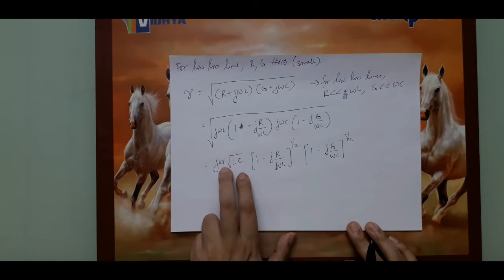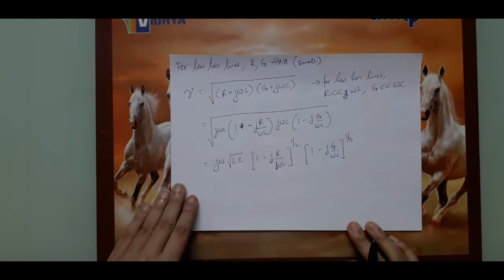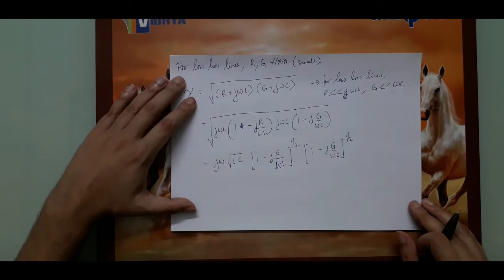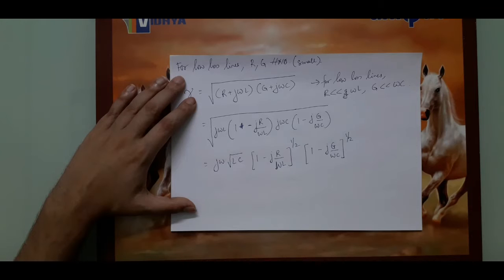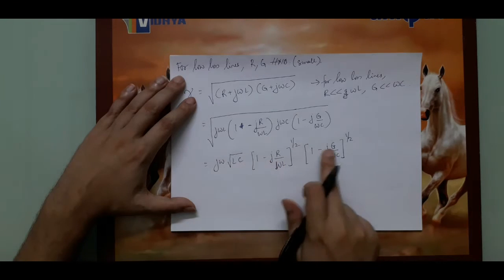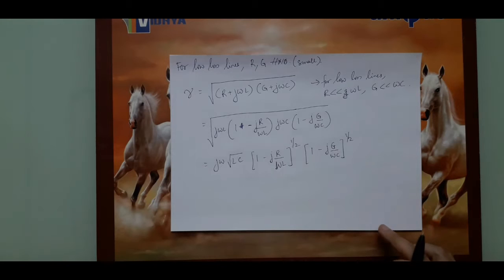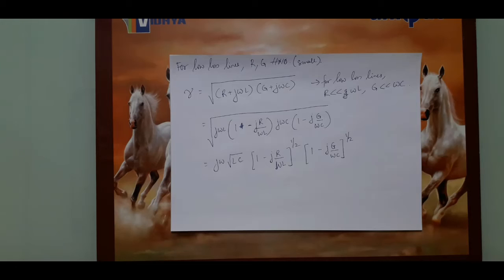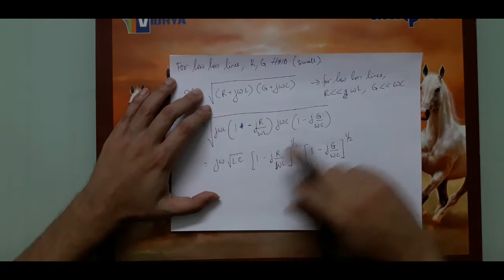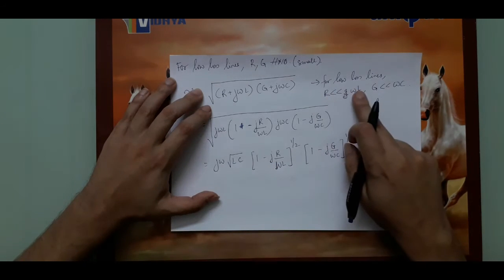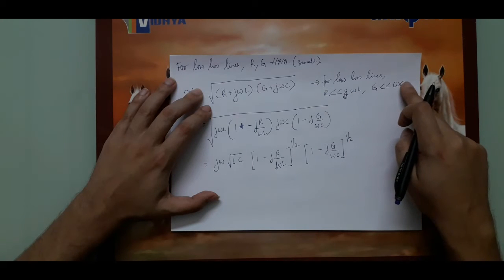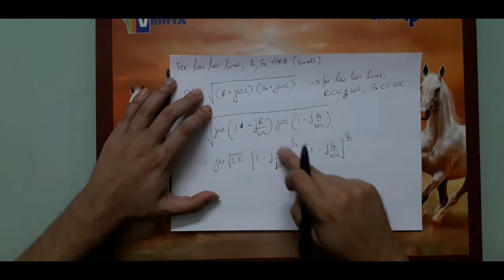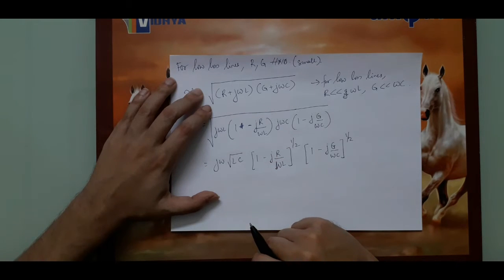Does this term look familiar? Yes, it is beta, omega times under root LC. But let's not jump the gun right now. Let's look at this closely. It's not just beta. There are two other terms as well. So now let us apply this condition. R is much less than omega L and G is much less than omega C. So therefore I can say that the magnitude of this R by omega L quantity will be much below 1.